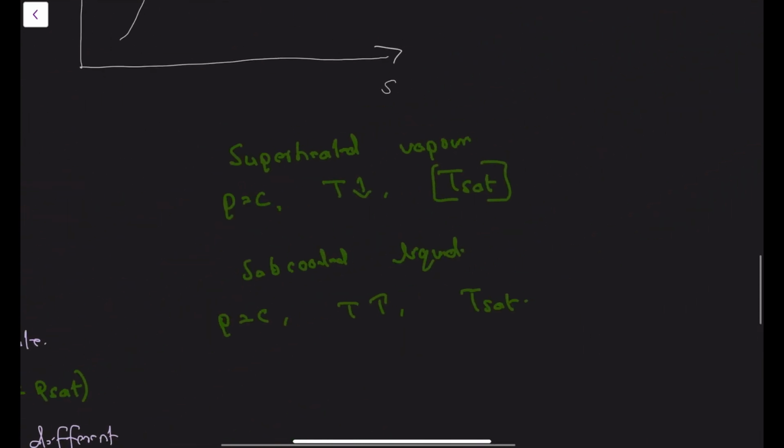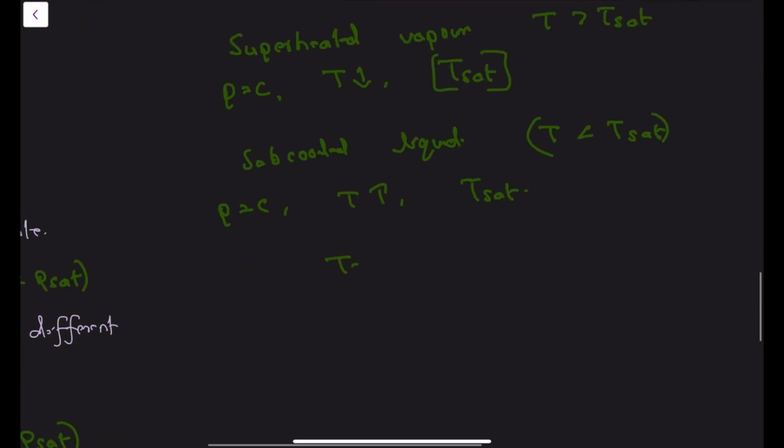For superheated vapor, the temperature is greater than the saturation temperature, and for subcooled liquid, the temperature is less than the saturation temperature.